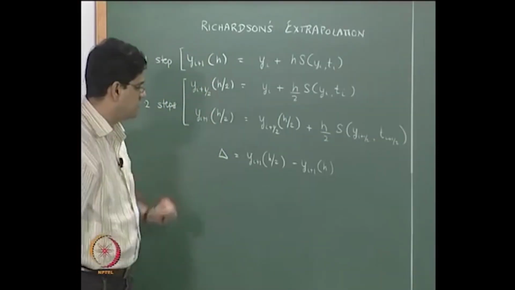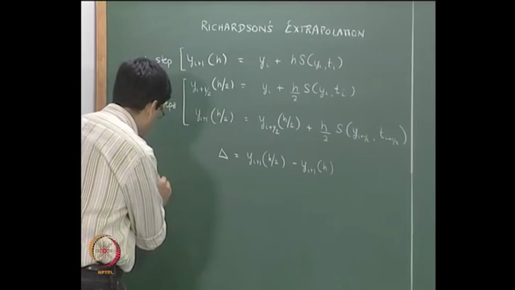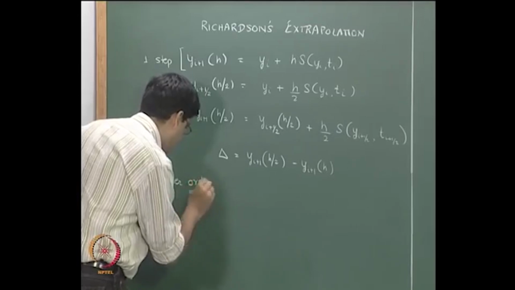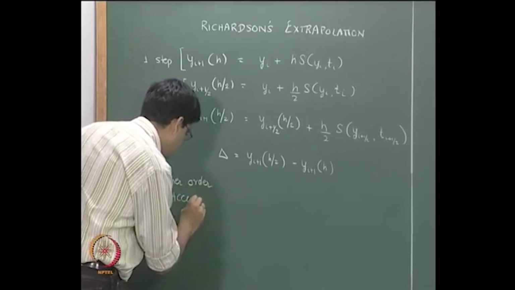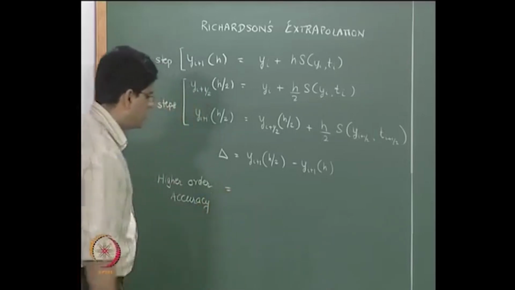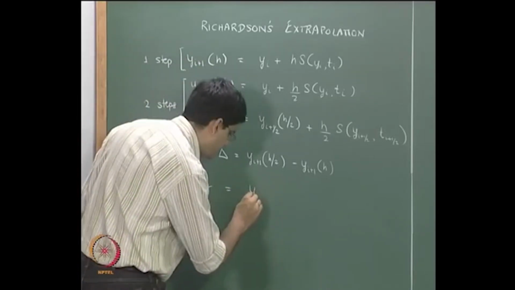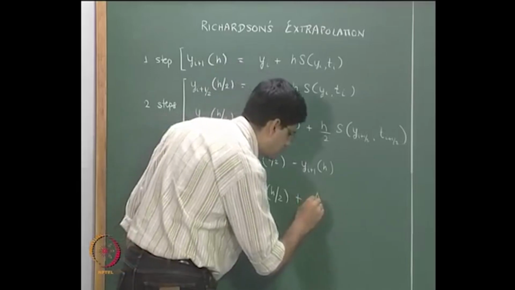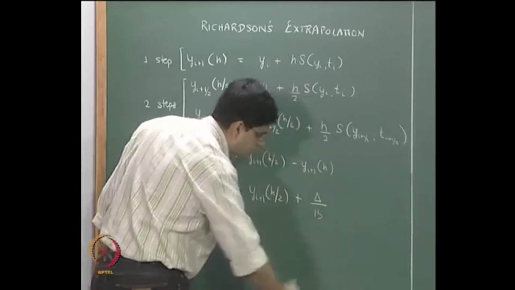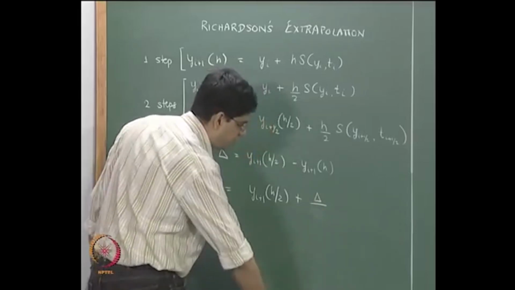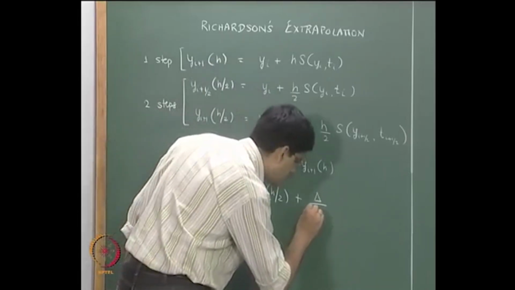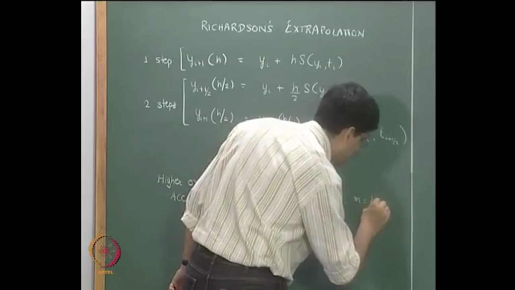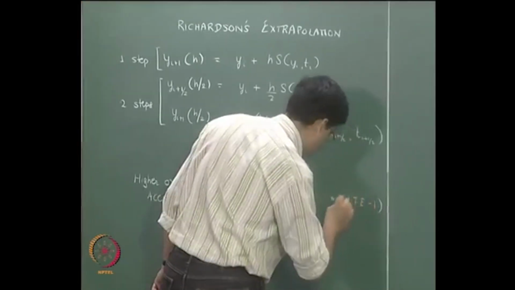In Richardson's extrapolation, a higher order accurate solution can be obtained as yi plus 1 with h by 2 plus delta, actually not delta by 15; the value of 15 was for the RK4 method. In general it is delta divided by 2 to the power m minus 1, where m is the local truncation error exponent minus 1.